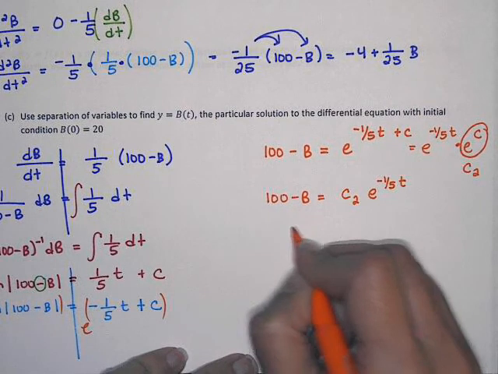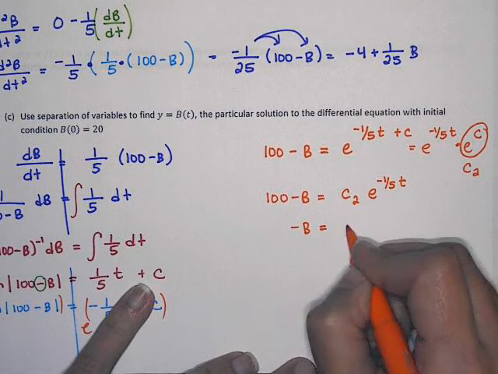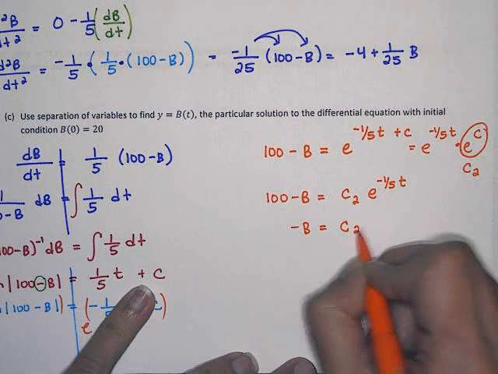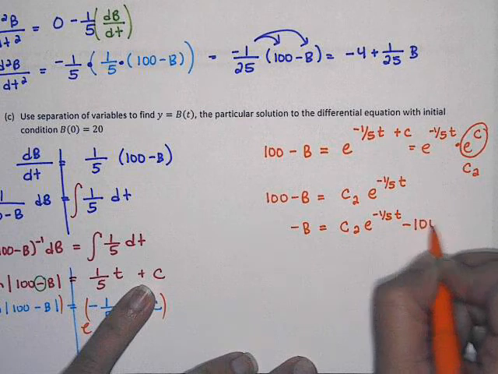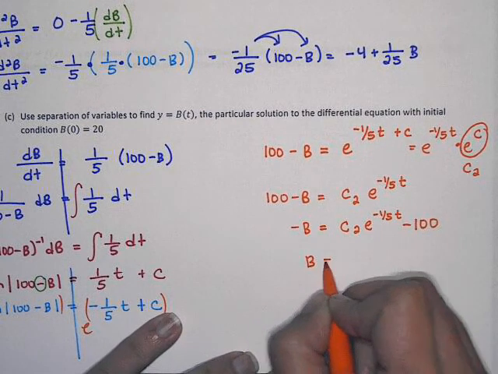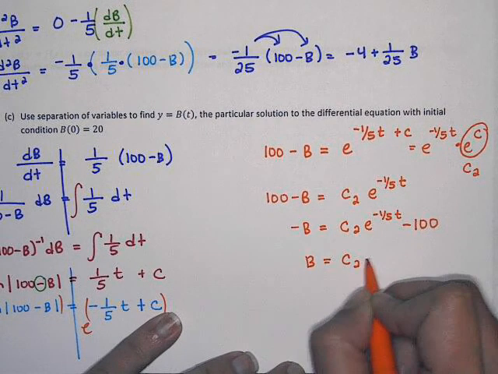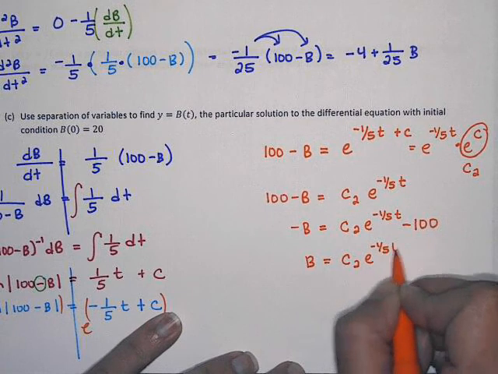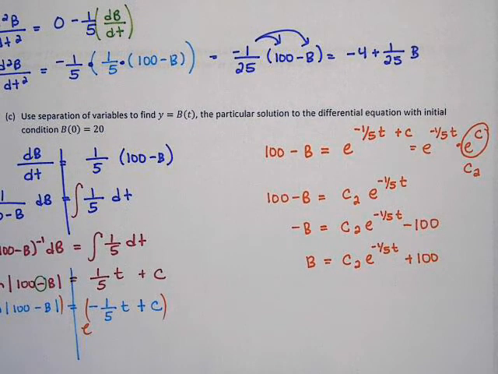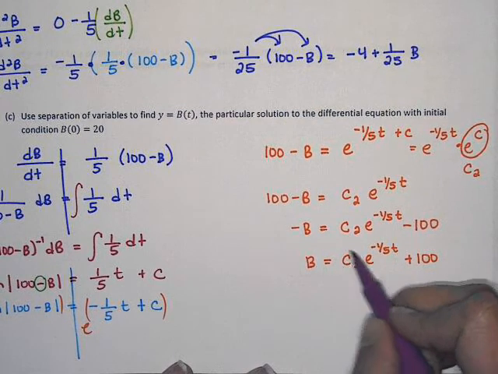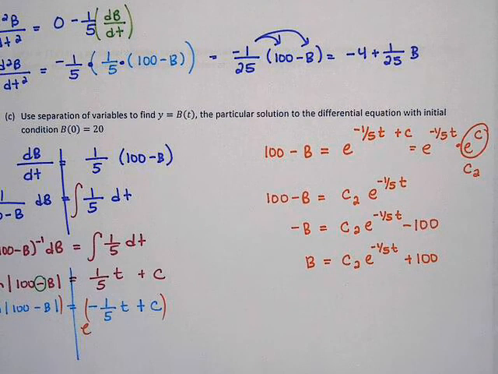Then I'm going to subtract 100 and divide by a negative. Now you'll note that I'm not putting a negative here, and the reason I'm not putting a negative here is this is an arbitrary constant. It doesn't matter. We don't ever have to change its sign. We don't ever have to add them. We don't have to do anything. It's just a random number.